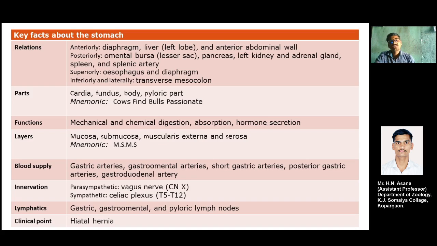Then the lymphatics: the gastric, gastrointestinal, and pyloric lymph nodes are present.